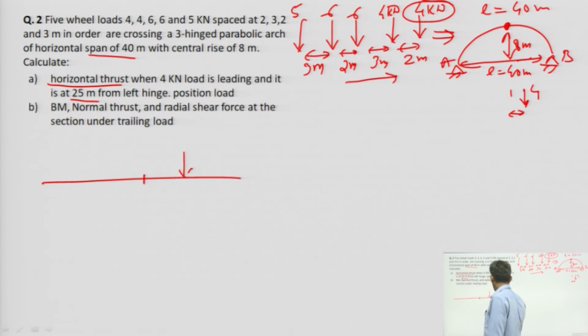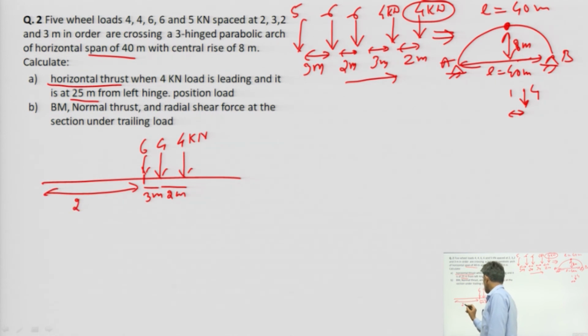So, 4 kilonewton is here, then after 2 meter and 3 meter, this will be 4 and it is 6 here, right. This distance is 20 meter, 6, another 6 and 5. So, this will be the position of the load.